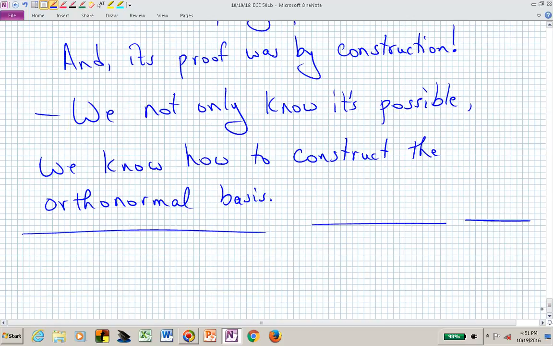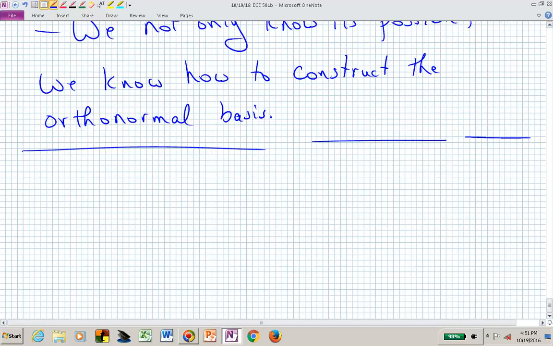And once we have this ability, we can really write down some subsequent corollaries. A number of useful results now are possible.